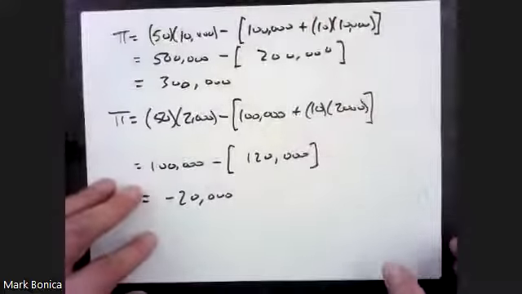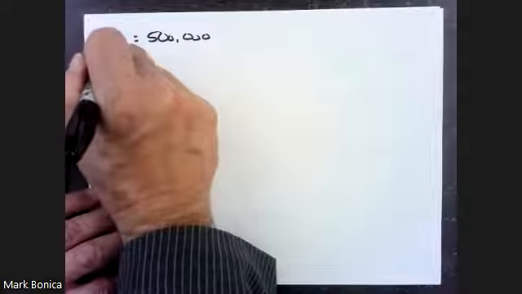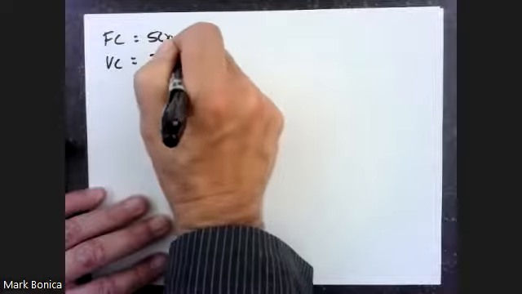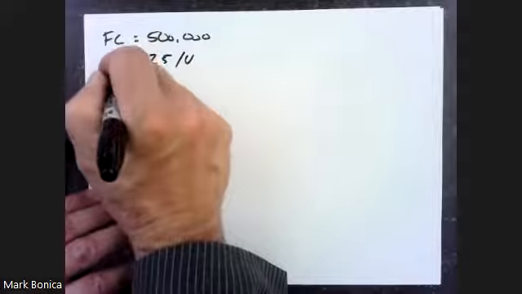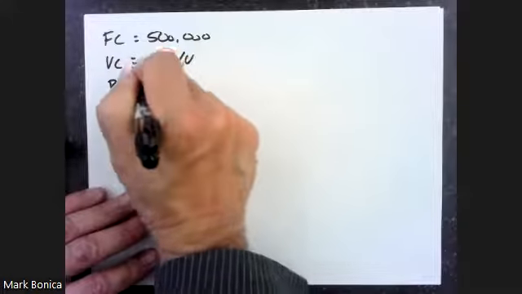Okay. Let's do a different example. Let's assume we have a clinic. And that clinic has 500,000 in fixed costs, $25 per visit in variable costs, and the average price per visit is $80.